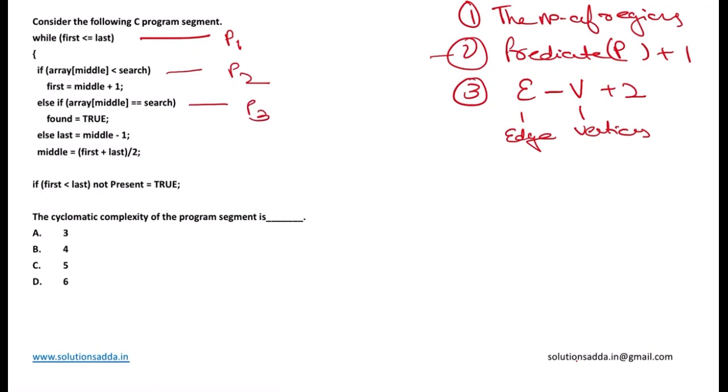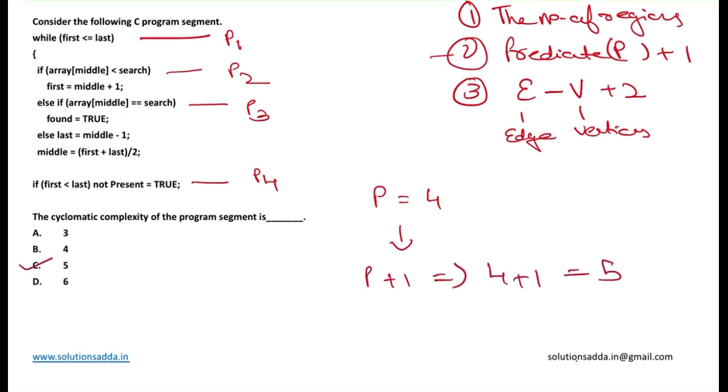And the last comparison, if first is less than last, forms the fourth predicate. Therefore, the total number of predicates here is 4, so P equals 4. Putting this in the second formula, P plus 1 gives 4 plus 1 equals 5. Hence, the correct answer for this question is option C, that is 5.